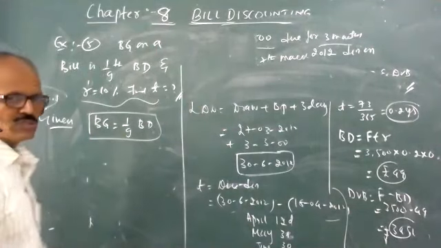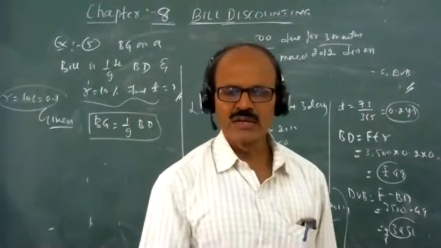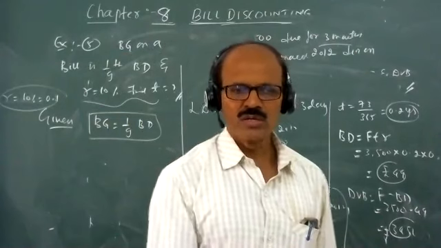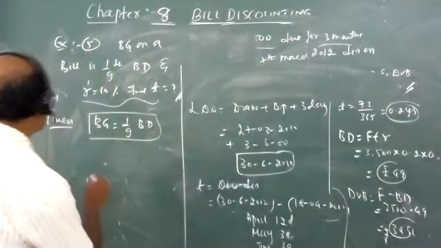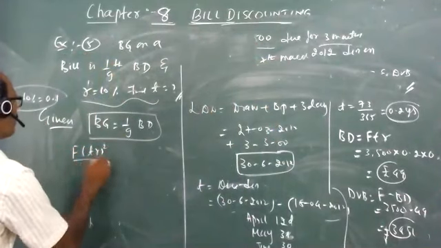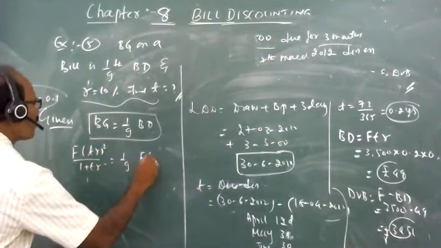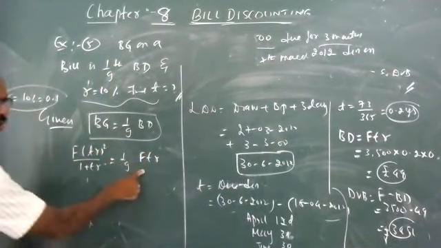What formula to use? Because you know there are 3 formulas for BG. BD minus TD; for that again, T is required. So better use the other formula: F into TR whole square by 1 plus TR is equal to 1/9 of FTR. That is formula BG equal to 1/9 of formula BD.